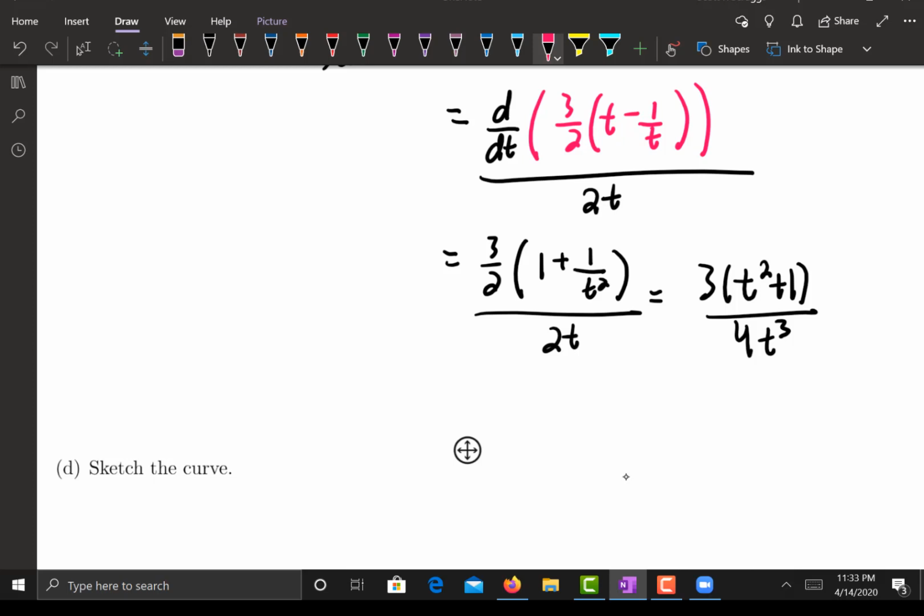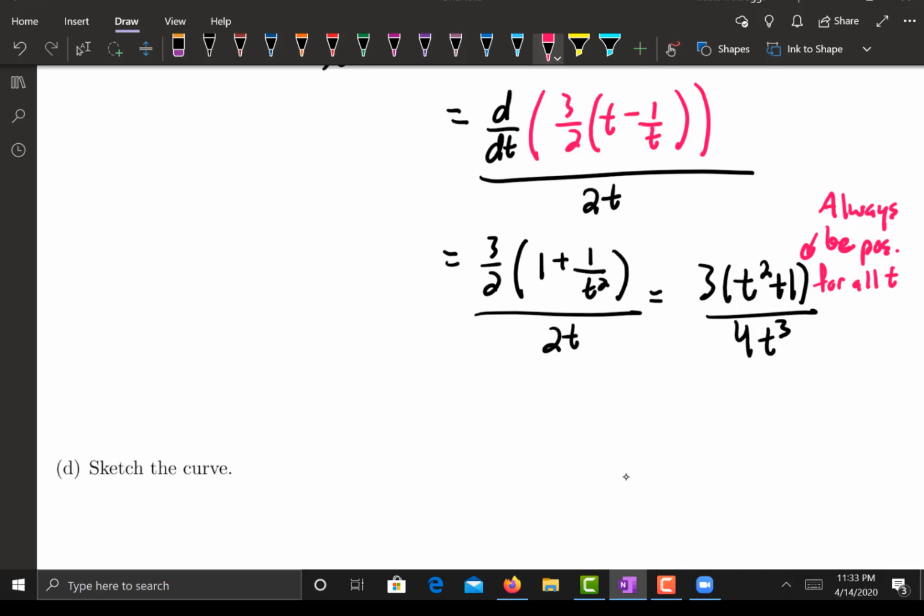No matter what values I plug in, as long as it's not equal to 0, my numerator will always be positive for all t. And that's because of that square. In this case, I will include 0.